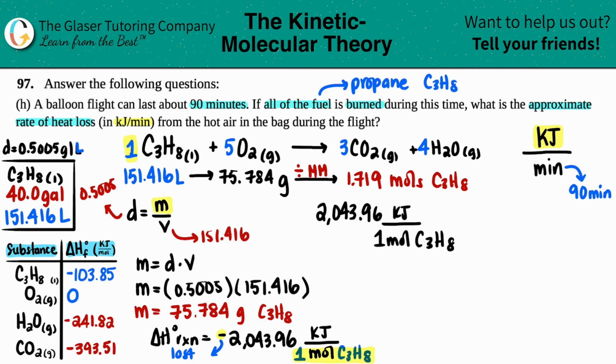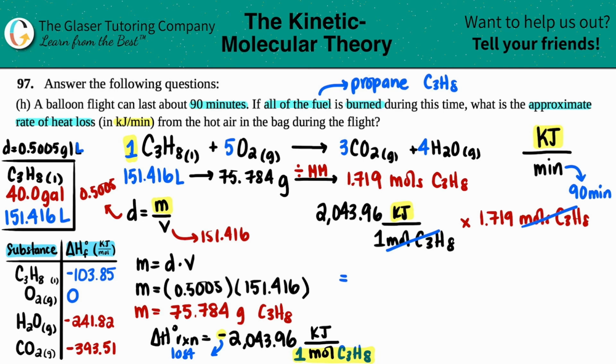And now since we have this amount, all I have to do is times it by that number. Because what's going to happen to the unit moles, guys? It's literally the same unit, moles of C3H8. Yeah, you're absolutely correct. They go bye-bye. And that's how you just have kilojoules. This is the only number that is still hanging out. So all we've got to do is 2,043.96 times this number.